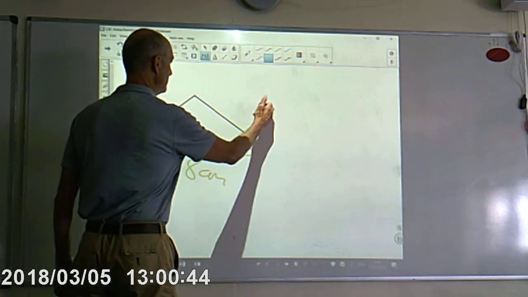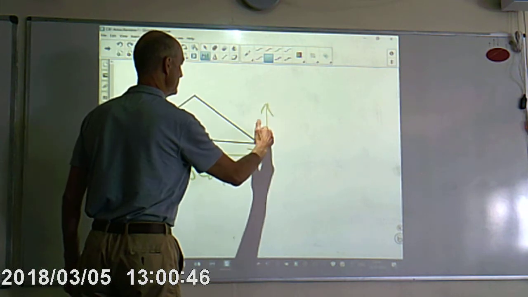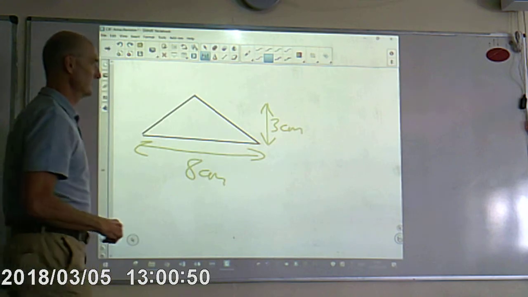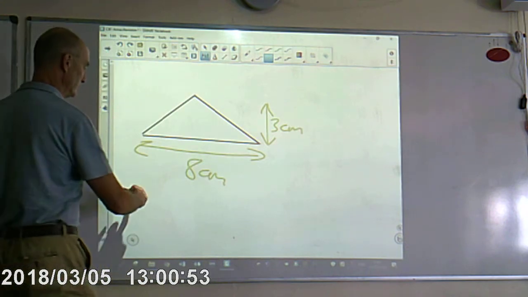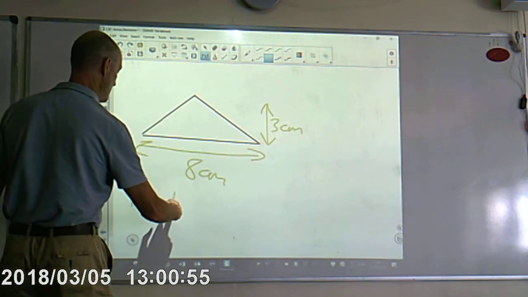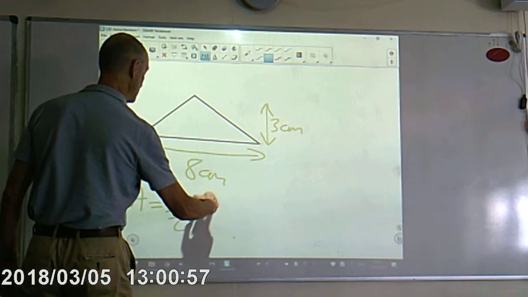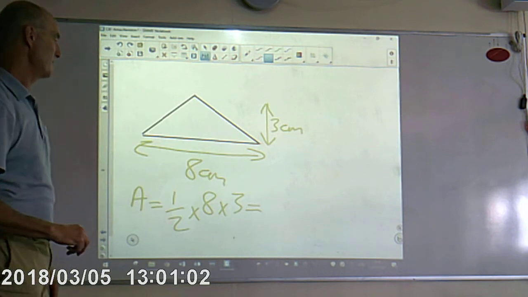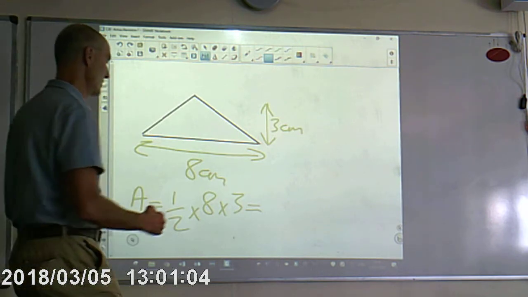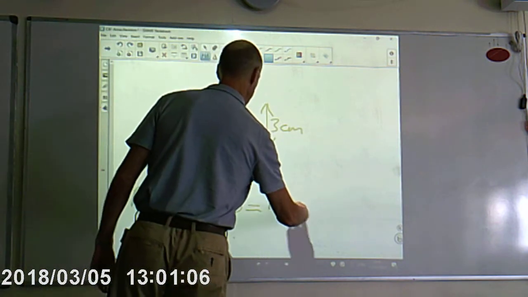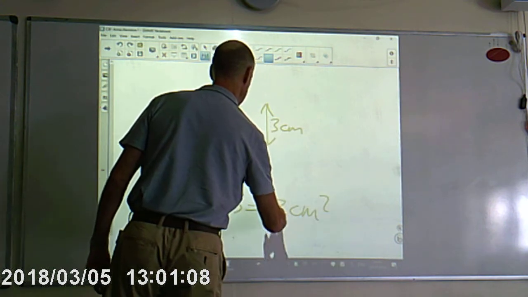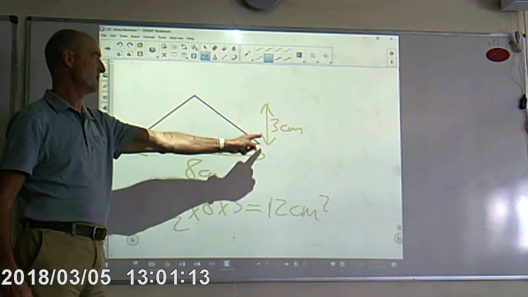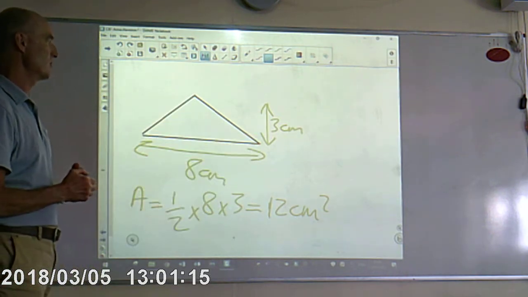Vertical height, so that could be 3 centimetres there. So our area is half times the base times the vertical height. So half of 8 times 3, 12 centimetres squared. It's really important that you get that idea of it's the vertical height.